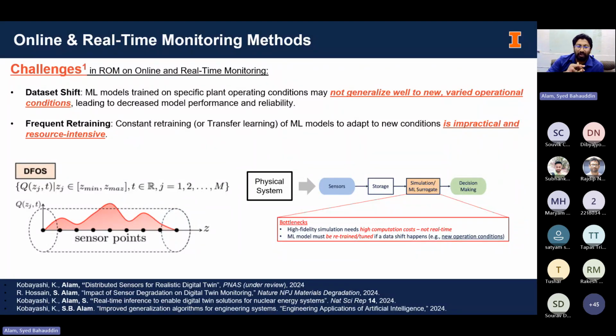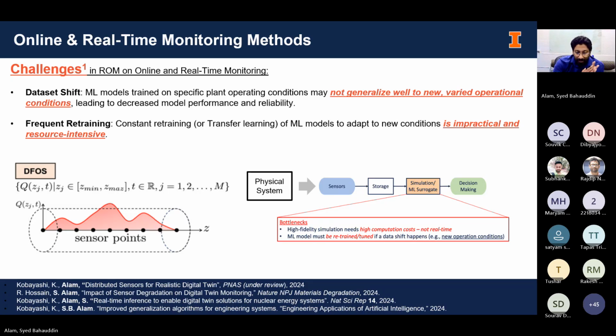Again, if you want to do online monitoring, there are some challenges, right? What are the challenges? Think about a reactor system or any energy system, it doesn't matter. It's not a steady state. There is a change of operating condition all the time. That means if we really want real-time monitoring, we need something that can handle the dataset shift.